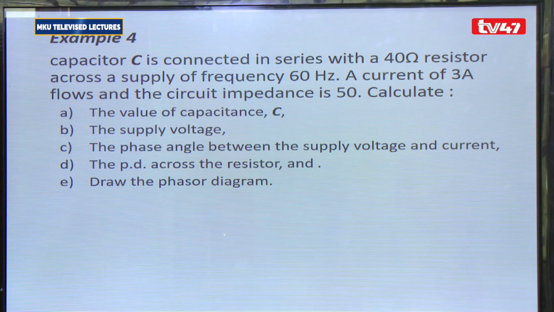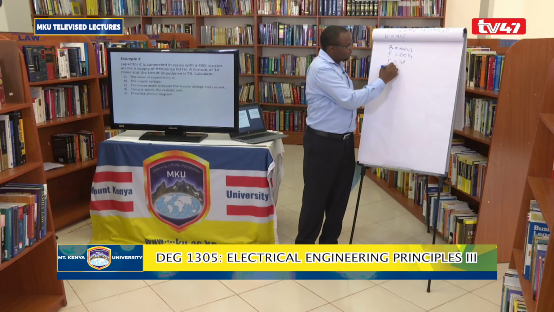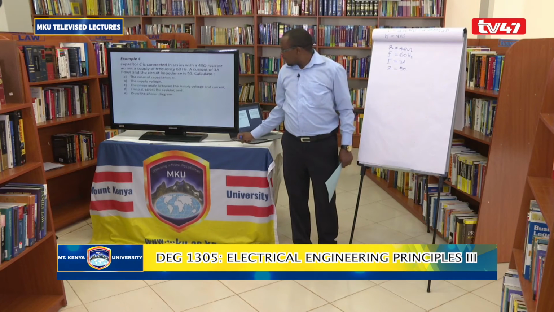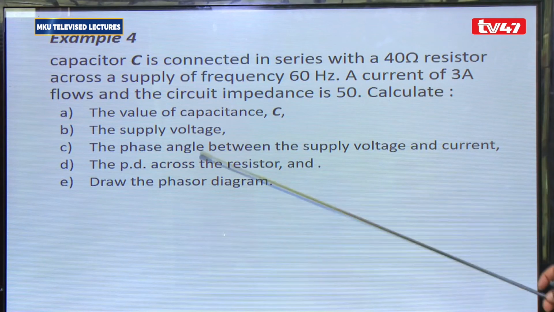And then across a supply of frequency 60 hertz, the frequency is 60 hertz. A current of 3 amperes flows and the circuit impedance is 50. So you have got the current 3 amperes and you have the impedance as 50. Then we are supposed to calculate the value of capacitance C.